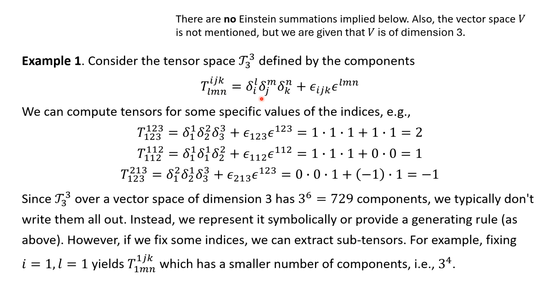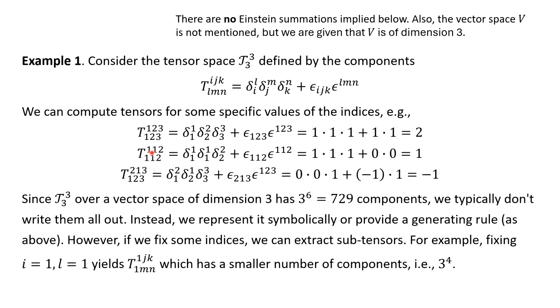So there's no Einstein notation implied here. This is just 3 Kronecker deltas multiplied times each other, and then 2 Levi-Civita symbols multiplied together. So it's a fairly simple formula, but it's specifying the entire tensor space.